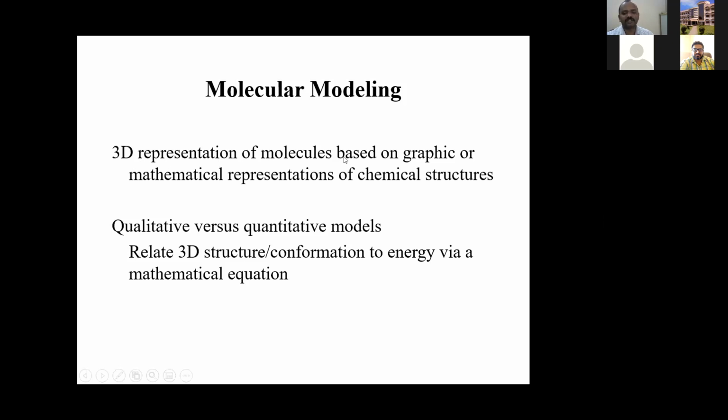It is the 3D representation of molecules based on graphic or mathematical representation of chemical structures. That means we simulate molecules the way they exist in nature, just like how we exist with our shape, size and volume.